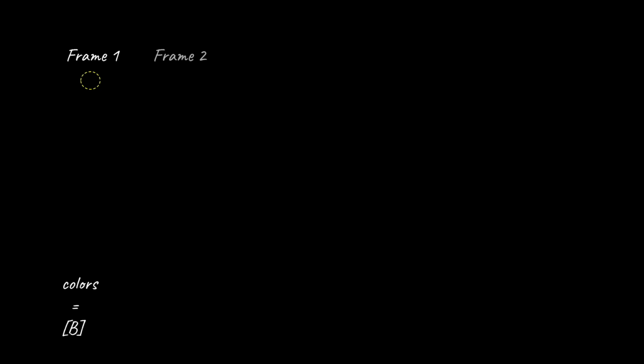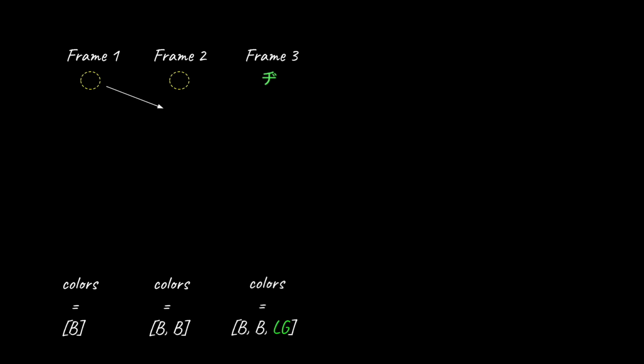At frame number 2, another empty slot is displayed. This implies that we're going to add black to the color variable another time. At frame 3 instead, a new character pops out. This entails that a new sequence has started, and as we know, the very first character of any sequence is always going to be light green. So what we're going to do is to add light green to the color variable.